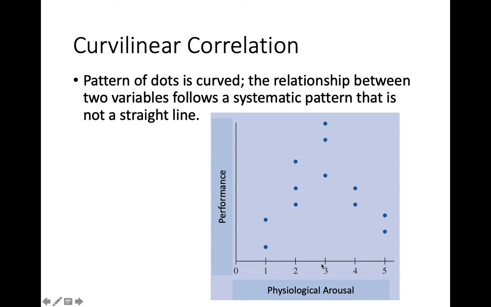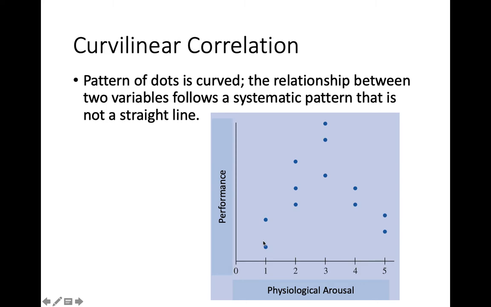Okay, so what this pattern shows is that the best performance is achieved at a medium or moderate level of physiological arousal. Being too calm, and we can think of this as being, let's just say, cognitive performance, perhaps taking an examination. Okay, so being kind of in a medium state, being alert, being attentive, is good.